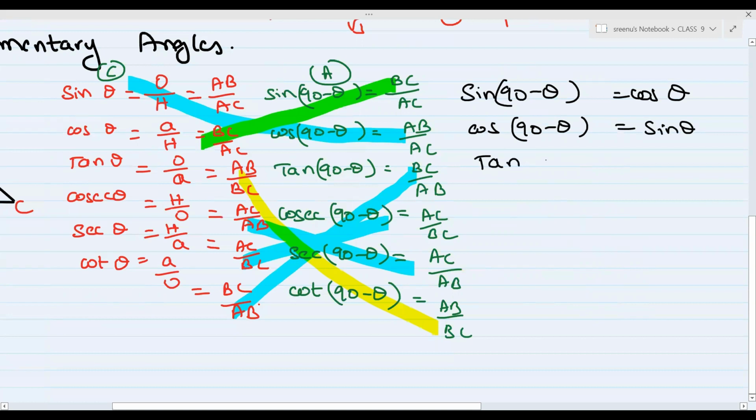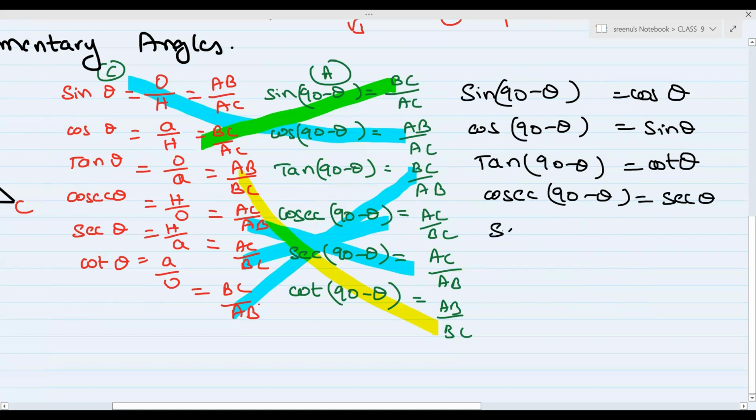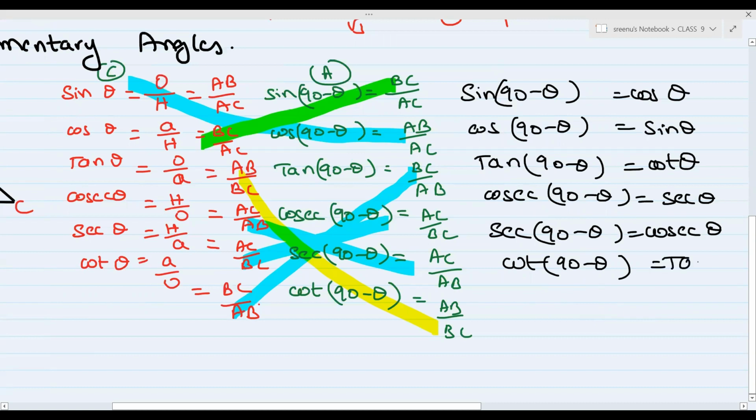And tan 90 minus theta, you got cot theta. And cosecant 90 minus theta, you got secant theta. And secant 90 minus theta, you got cosecant theta. And cot 90 minus theta, we get tan theta. This is the result.